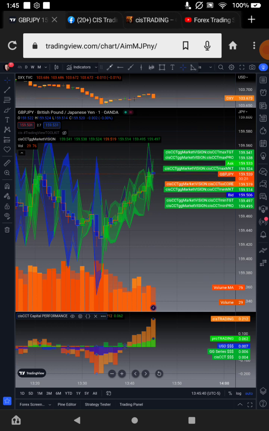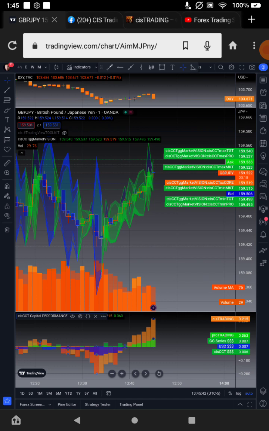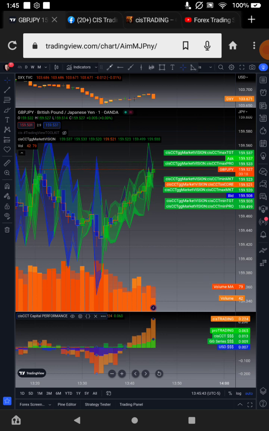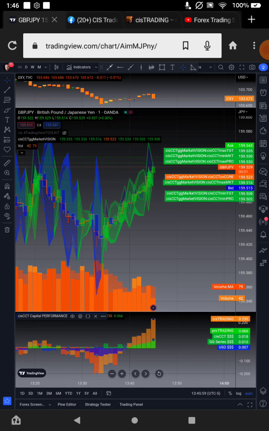We're down to a 2.7 pip spread. You can see the offer move outside the range there, widen out to 2.8 pip spread. Still at a huge disadvantage on the bid side.